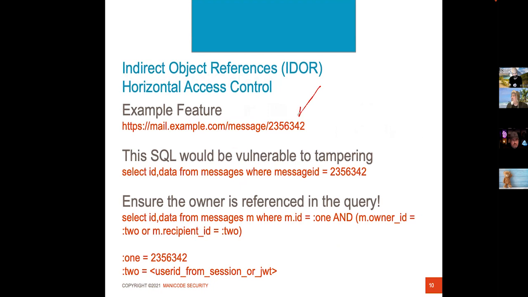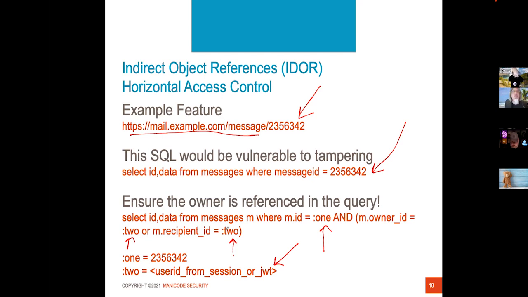All I have to do is change that number and I can see a different message, right? And here's a basic query where I'm just looking at the message off the URL, that number. And check this out, Mark. So this is the message. And for the recipient and the owner, I'm going to grab that user ID from the JSON web token or from the active session. So now I'm basically saying you have to be the recipient or sender at the data level, where I'm literally building in horizontal access control at the query level.